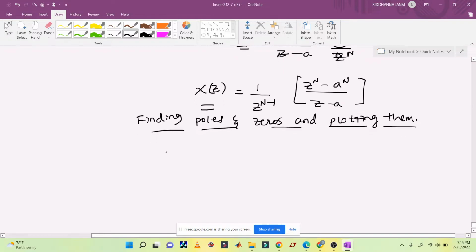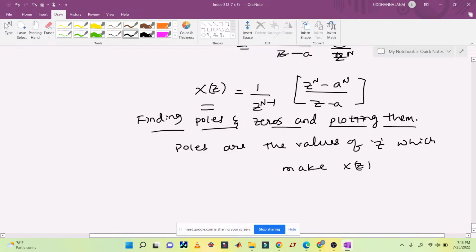Poles means what? Poles are the values of z which make X of z equal to infinity, the values of z in the denominator.